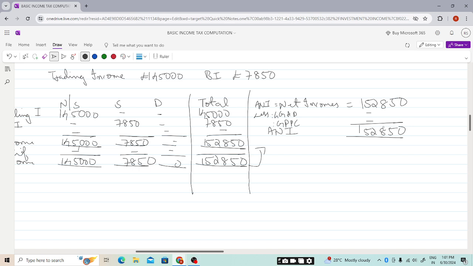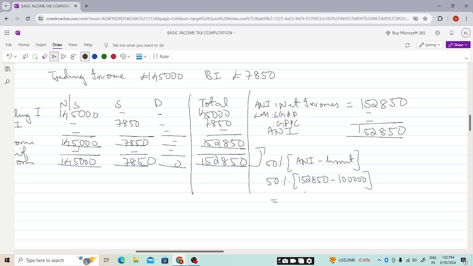If ANI is less than 100,000 pounds, full amount of PA is available. If ANI is between 100,000 pounds and 125,140, we need to use the formula, that is 50% of ANI less the limit. What is the limit? The limit is 100,000. Our ANI is 152,850 less the limit of 100,000 pounds.